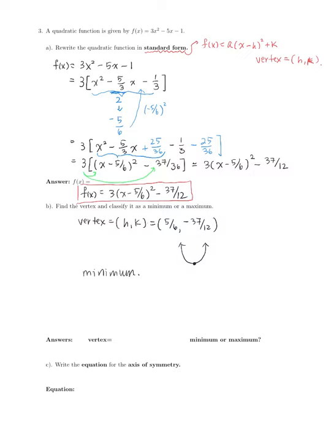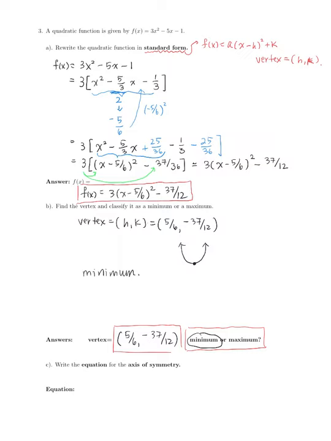So I'm just going to write down the answer. The vertex is 5 over 6, comma, negative 37 over 12. And for maximum or minimum, I'm too lazy to rewrite minimum, so I'm just going to circle it. I'll just box this whole thing. There you go. All right, now, next one.